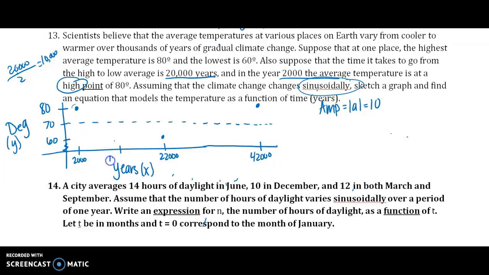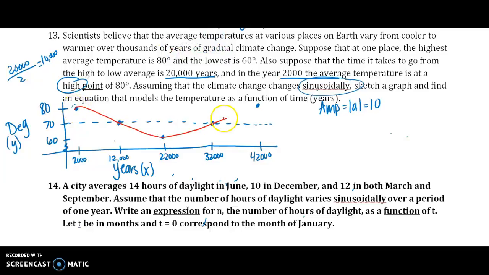So at 12,000 years, I'm on the midline. And then if I add 10,000, because that's halfway between this 20,000 here, I would be at 32,000, and that's when I'm at the midline. Let me draw this in a different color really quick.